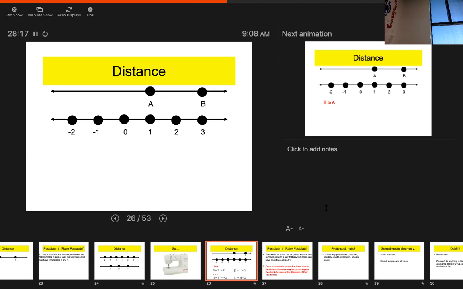How far is it? It's not 1. It's 2 dots. If I start here, I'm going there. 1, 2. Well, that's a pretty easy thing to do when I'm only going 2 dots. What if you're going 56,000 dots away? Is there an easier way using math to find this out?